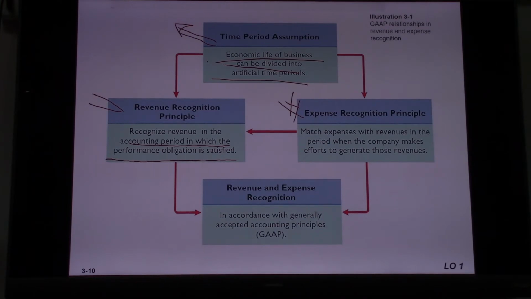Okay, but what about the expense recognition principle? It indicates that expenses match with revenue. This means that you should recognize expenses in the period when companies make an effort to generate those revenues. In other words, in the period in which these costs and expenses have been used in the operation to generate revenue.